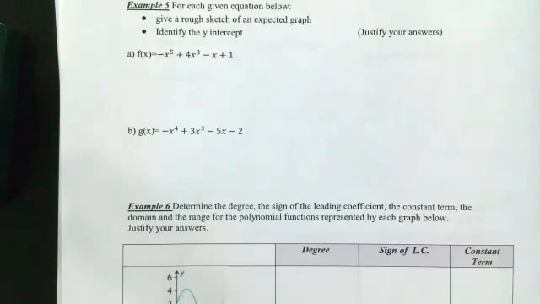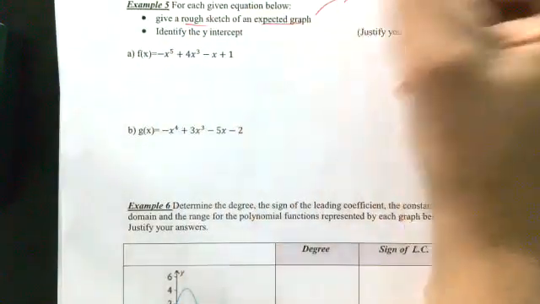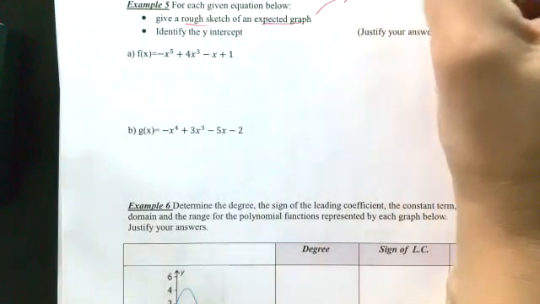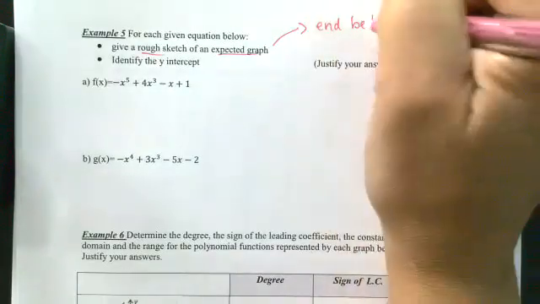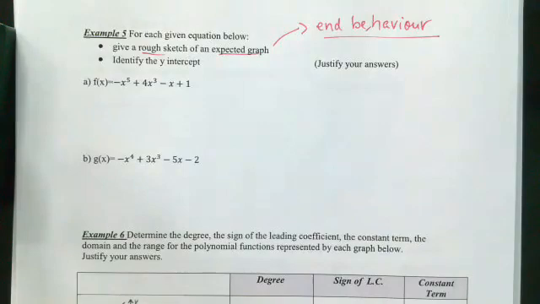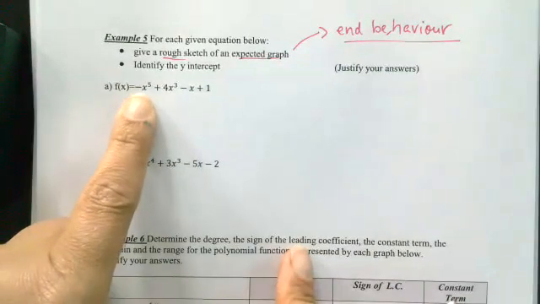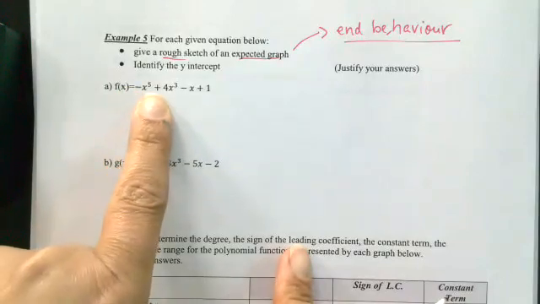So to get a rough sketch of the graph or expected graph, that basically refers to the end behavior parts of your notes. Because to get the end behavior, you need the type of the function and the leading coefficient of that function. So for this first part, the type of the function, the polynomial kind, is degree 5 or quintic.